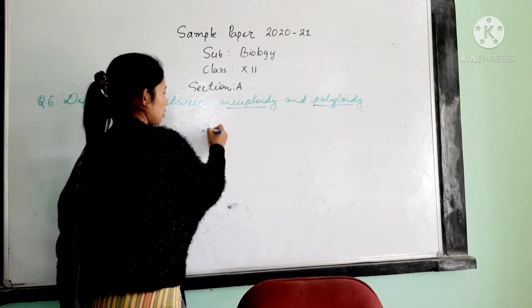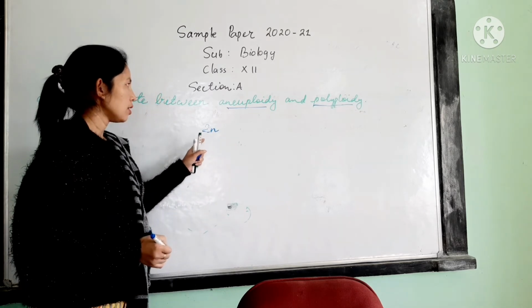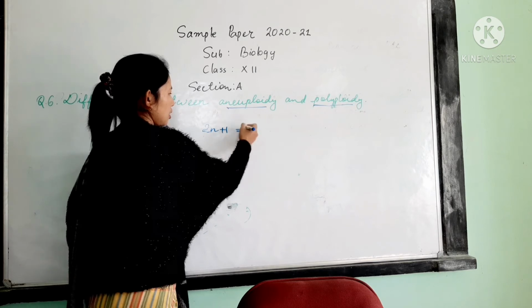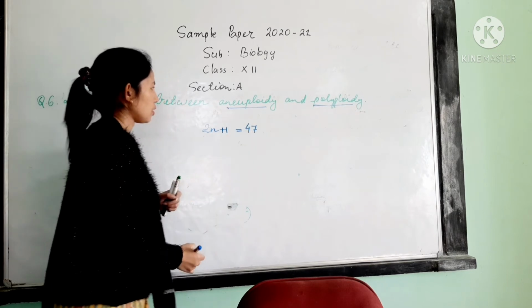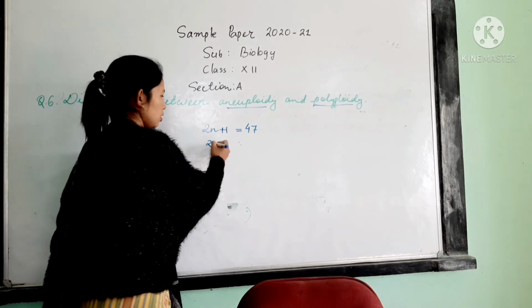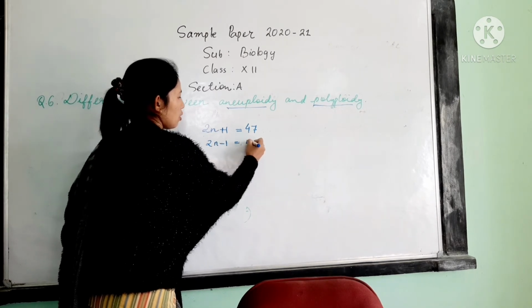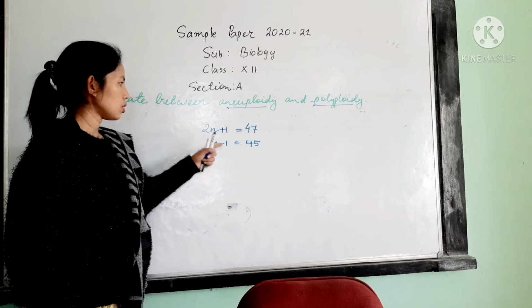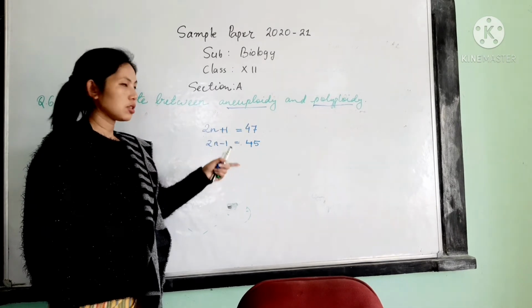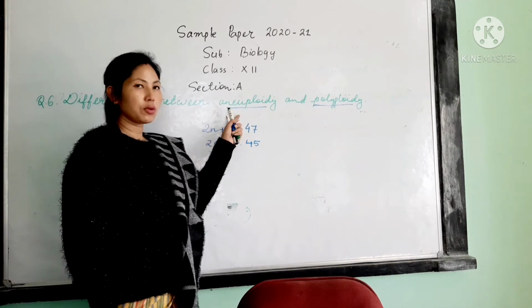Our chromosome number is diploid, 2n. So in aneuploidy, either it can be 2n plus 1, which results in 47 chromosomes, or it can be the lack of one chromosome, that is 2n minus 1, which results in 45 chromosomes. This disorder, the change in the chromosome number, is known as aneuploidy.